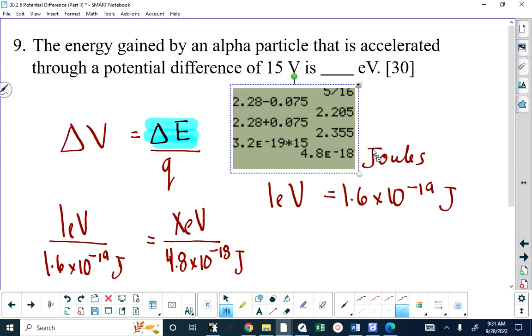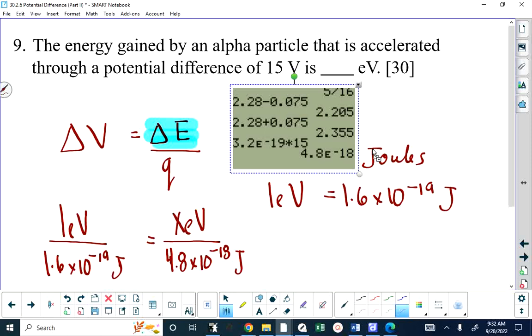We did not need to do any calculations here to know this, because an electron accelerated through 1 volt experiences a change in energy of 1 electron volt.